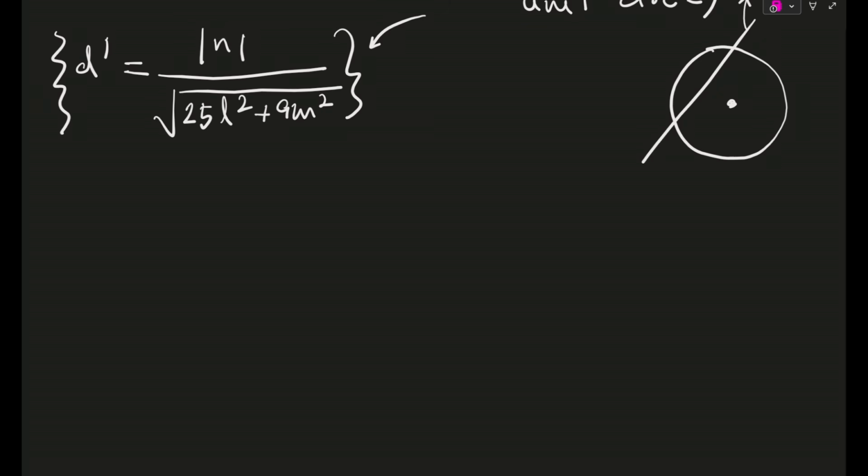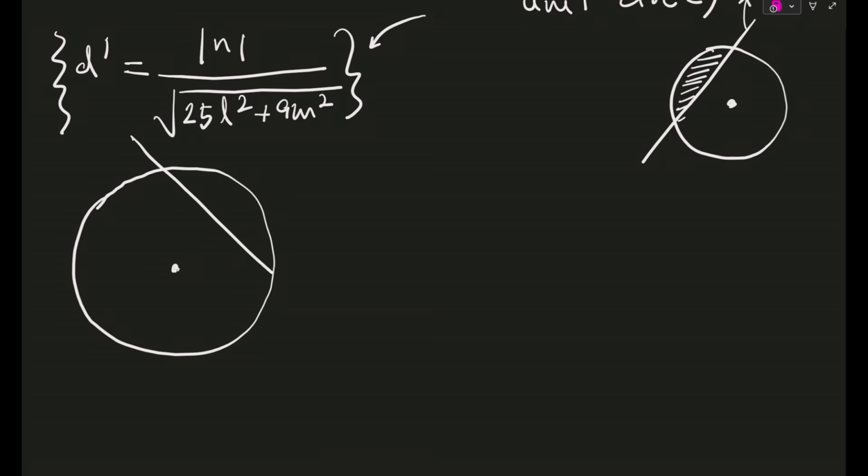So guys, now we have found out things, but first our main objective will be to find the area of the circular segment. We need the area of the circular segment, otherwise we can't solve. So for that, first let's draw a small circle of radius 1. This is a circle of radius 1, and a chord is there at a distance d dash from the center.